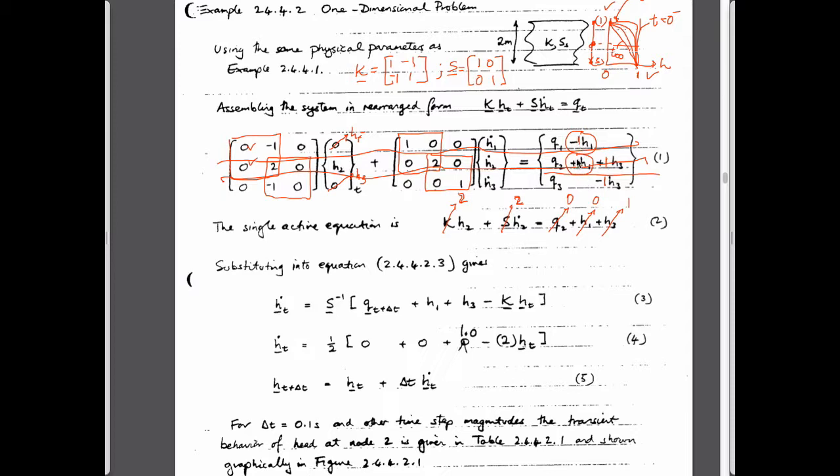Question. Yes, go ahead, Victor. So this assumption that the internal Q's are 0, wasn't that only for incompressible systems?